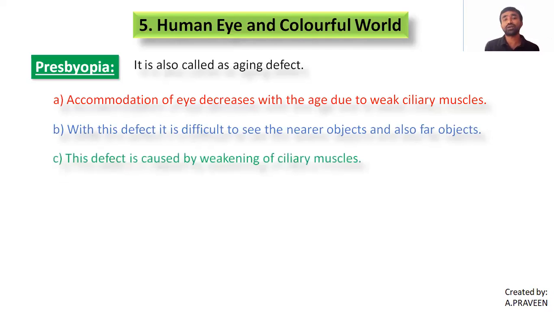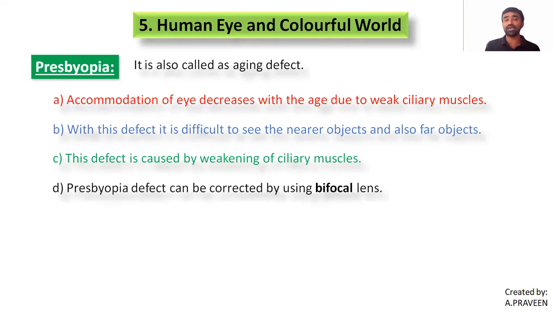So how to correct this defect? We are unable to change the strength of the muscles here. The ciliary muscles are already weak, we are unable to do anything, right? So this defect is mainly caused by the ciliary muscles' weakness. That defect will be corrected by using a combined lens.